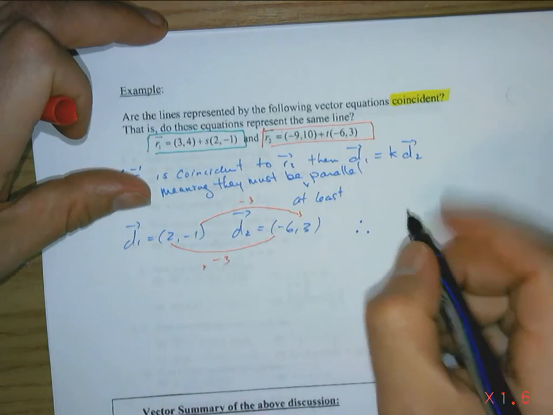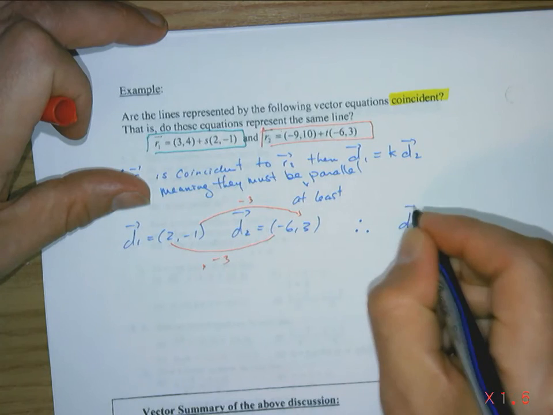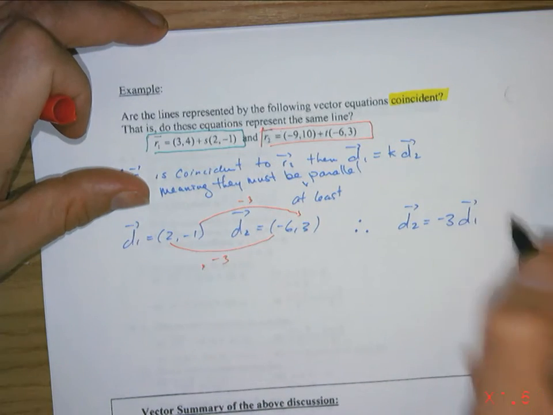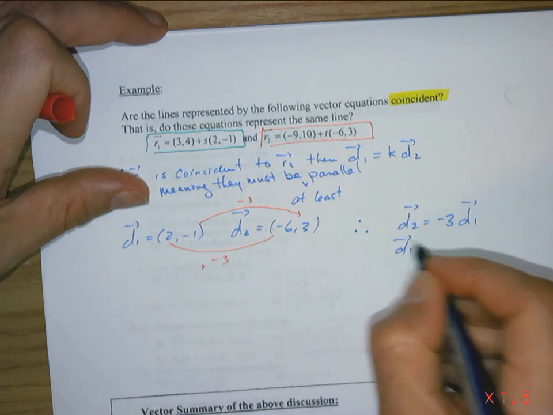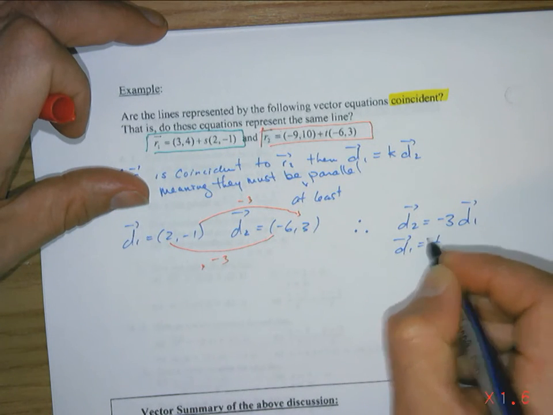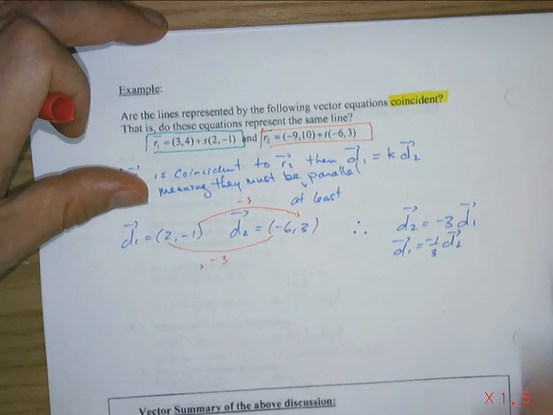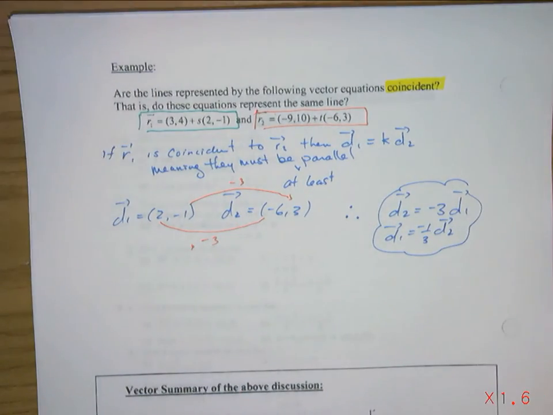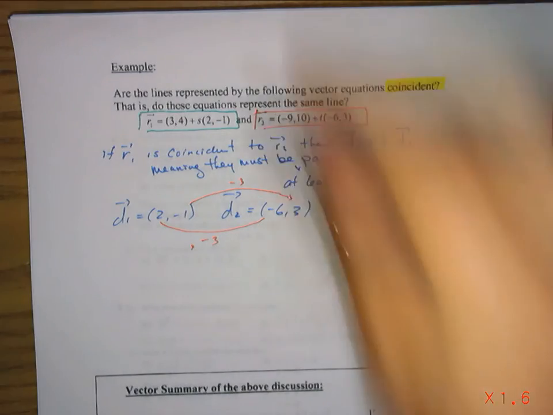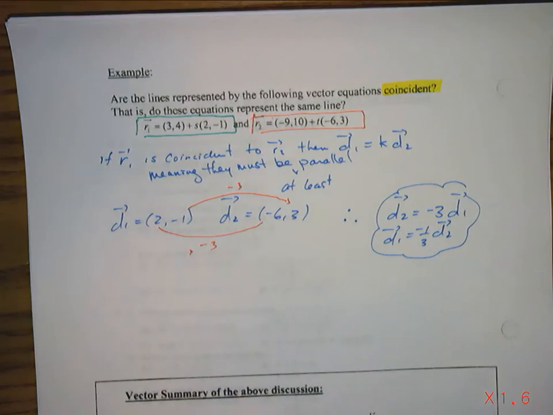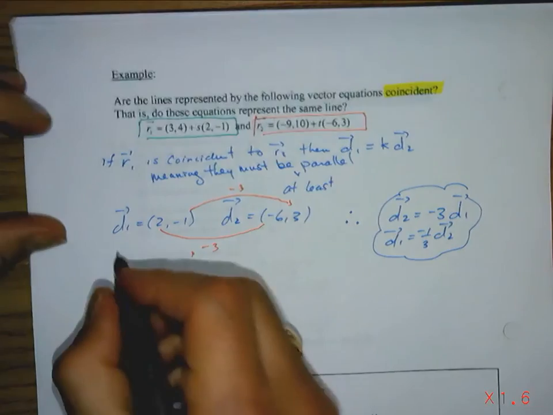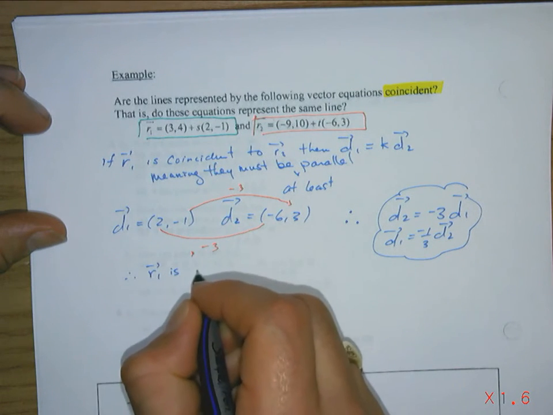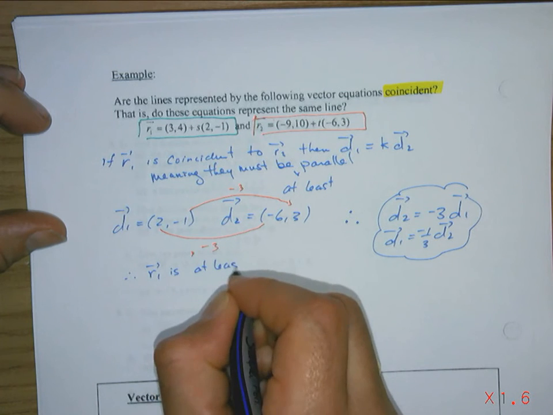So it turns out that direction vector 2 is equal to negative 3 times direction vector 1. If you'd rather, you could say direction vector 1 is equal to negative 1/3 direction vector 2. I really don't care. They both mean the same thing to me. Okay, so they are at least parallel. So let's say that again, at least. Therefore, R1 is at least parallel.